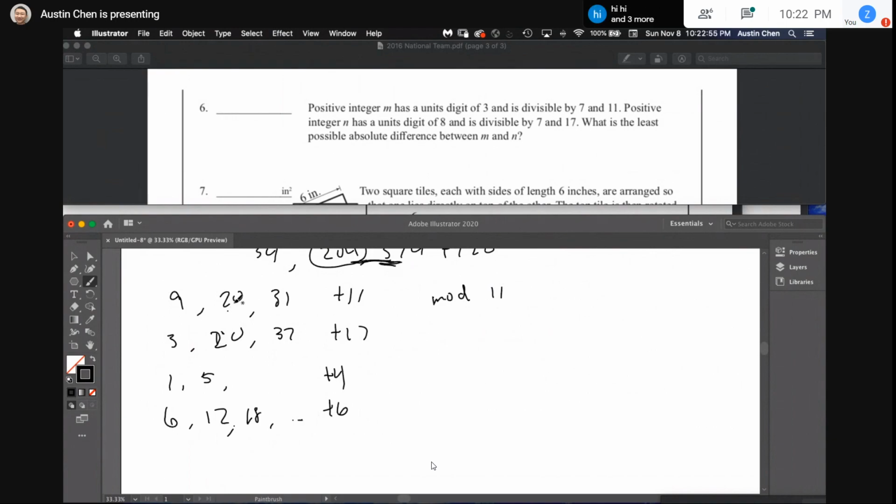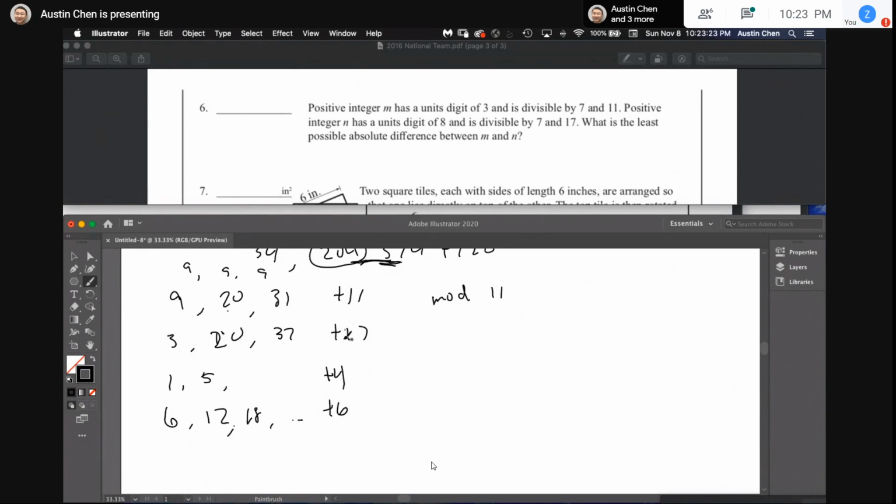So then all of these numbers would be the same mod 11, right? In this case, it's all 9 mod 11. And they encompass all of the 9 mod 11 numbers, right? So basically, we're just looking at whenever this plus 17 sequence hits 9 mod 11.